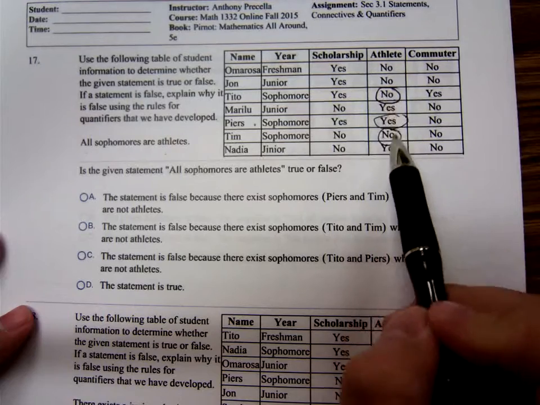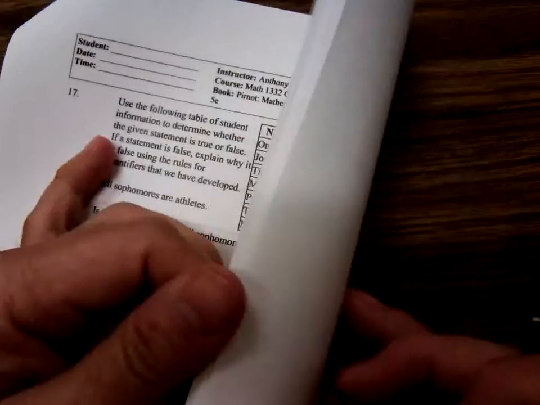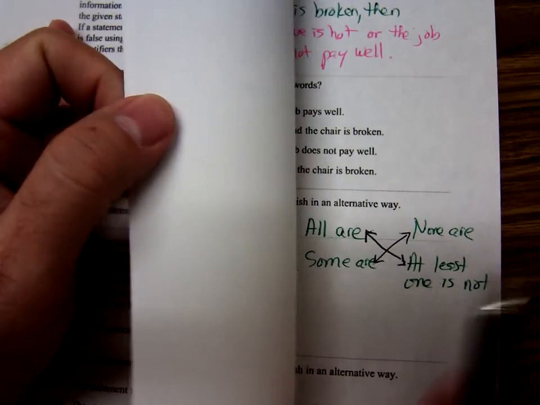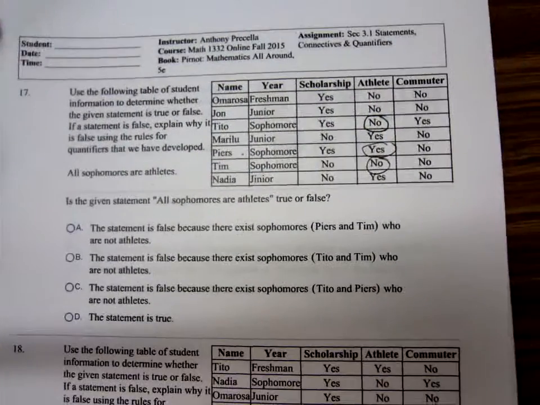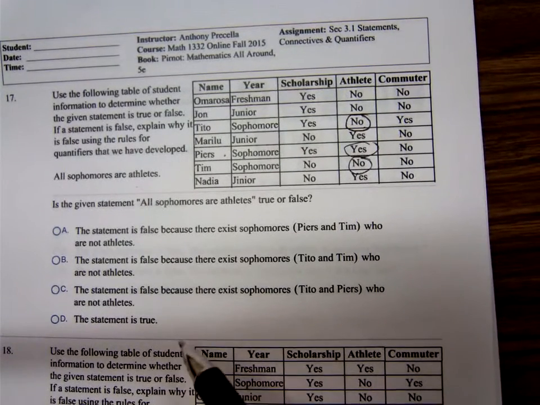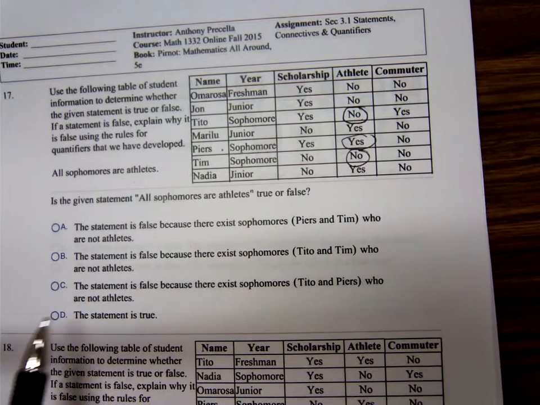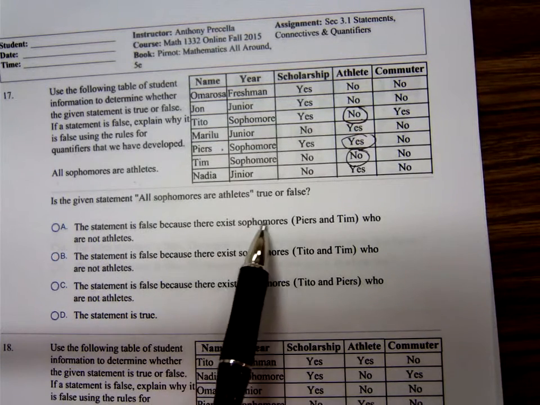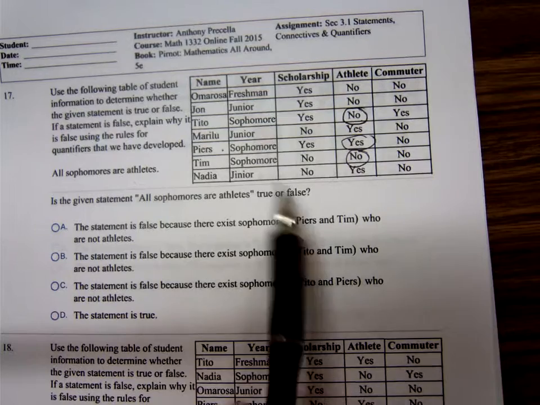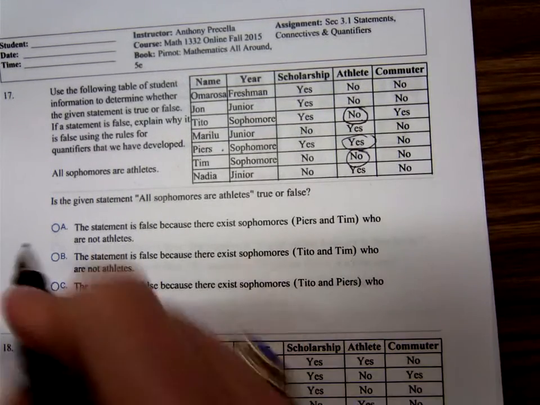The negation of all would be at least one. Did we have at least one sophomore that is not an athlete? Yes, we have two. So this statement is false. It's B. It's Tito and Tim that are not athletes.